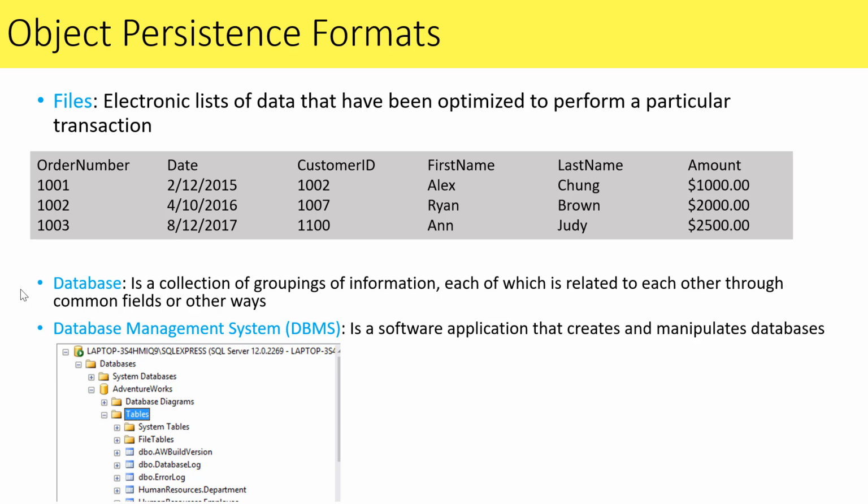Or we may go for a database. As you know, in a database the data is grouped and organized, and in a relational database management system, the data is in rows and columns, organized in tables.